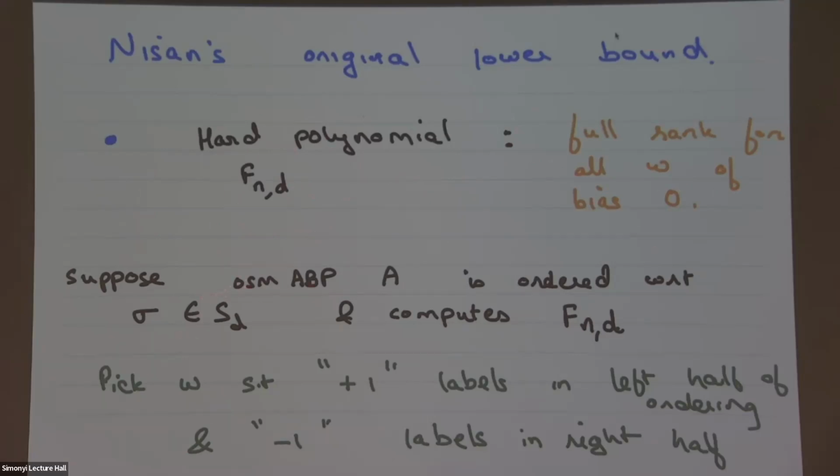Now take a single ordered set multilinear ABP A with some ordering coming from some permutation sigma, which computes the polynomial. And I want to show that the complexity of this ABP is small. Now I can pick my partitioning into the positive sets and the negative sets after looking at this ABP. I take an ABP computing the hard polynomial, I pick a nice partition which will show me the separation in complexity.